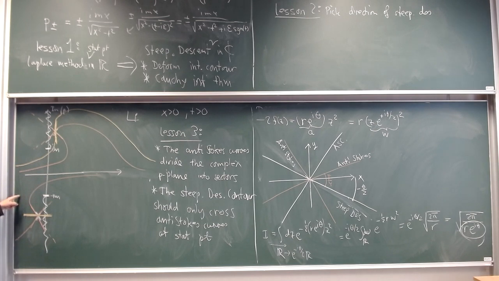Isn't there a Stokes line in between them that you have to cross to get from the nice area? Yes, there's one which comes over here. But now it looks like I can go from the not nice area with positive real part of phi to negative real part of phi without crossing any Stokes lines.